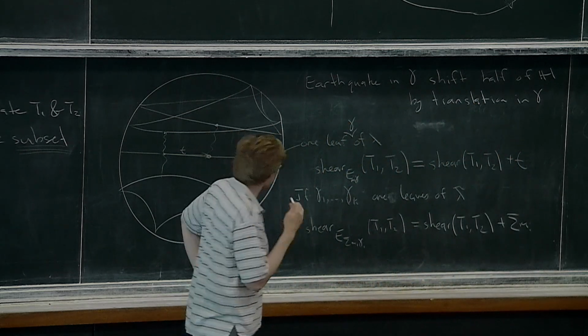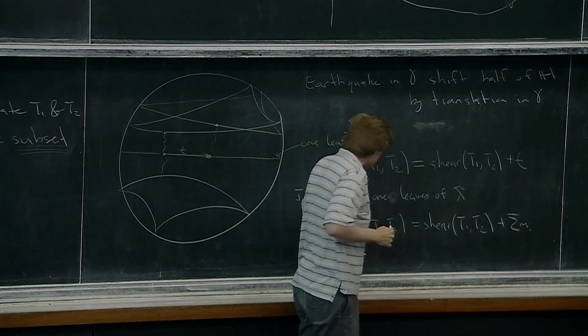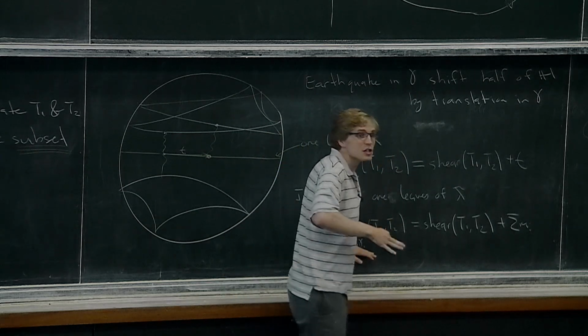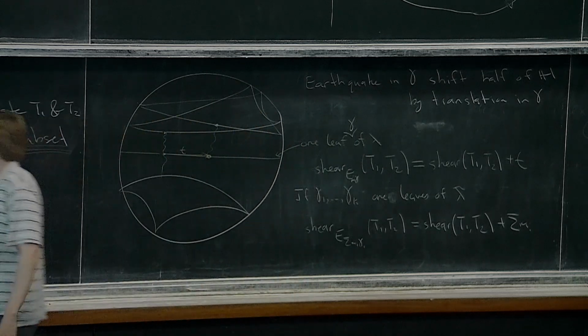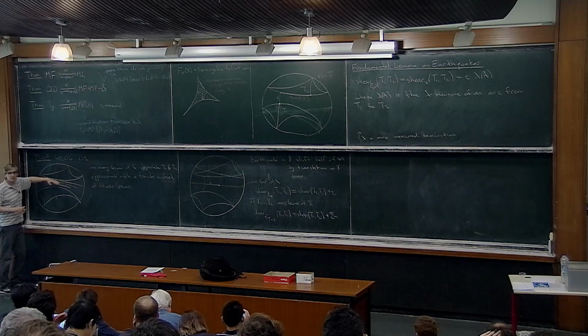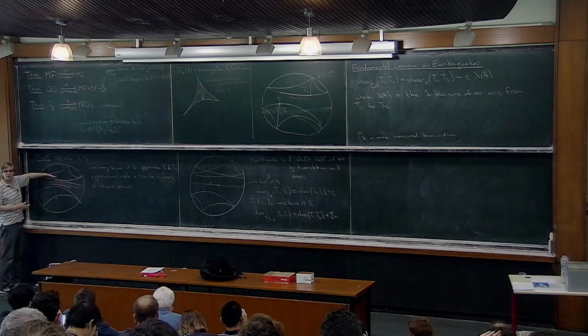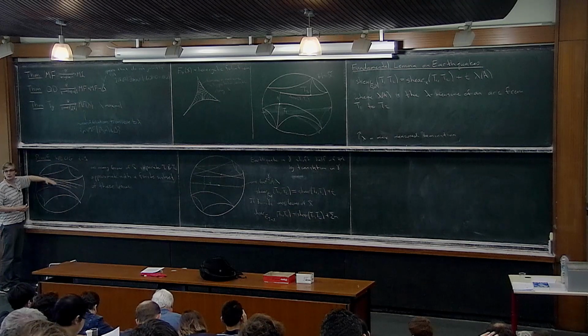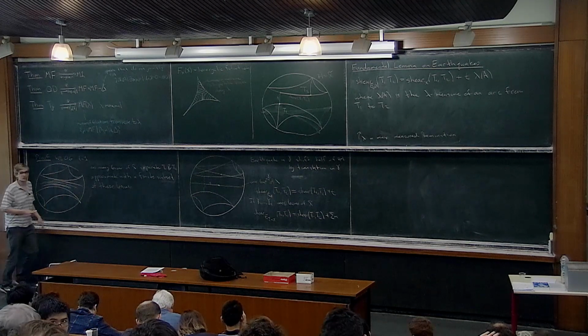OK, now I can pick a finite linear combination of the geodesics in between to arbitrarily well approximate the lamination. And when we defined earthquakes, we'd said that the earthquake is the limit of the earthquakes in approximations.